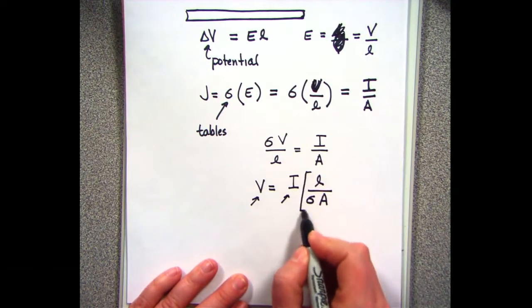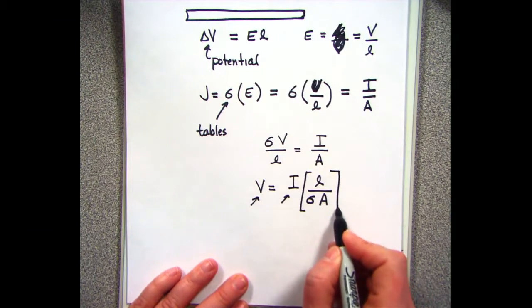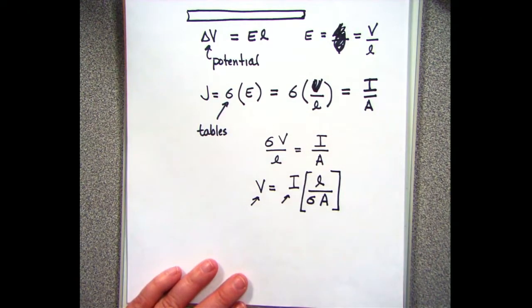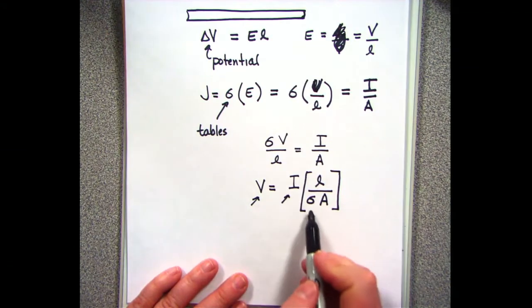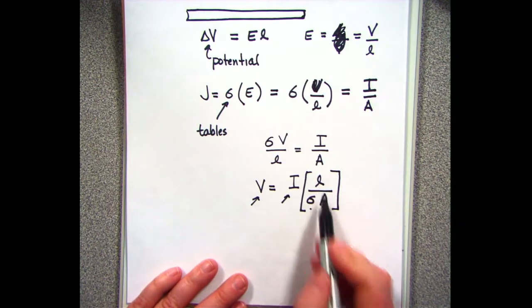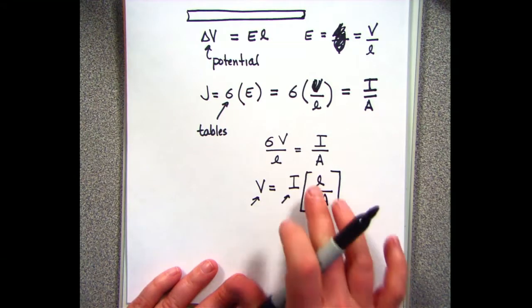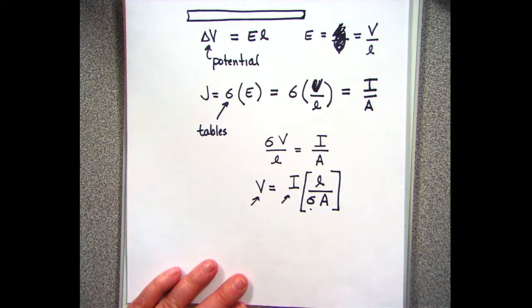So if I go to a catalog and I look at wires, it usually gives me something per unit length, and then it also tells me the diameter of the wire. And the reason is because this thing is material dependent, and it's related to how I put my system together.